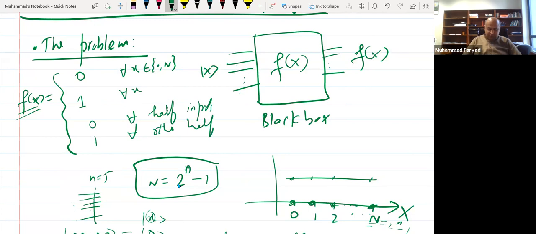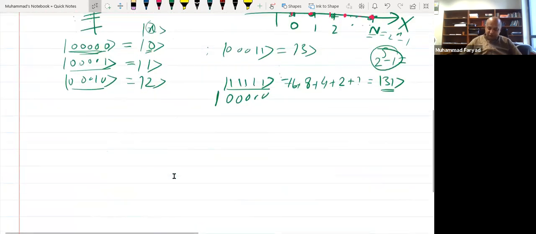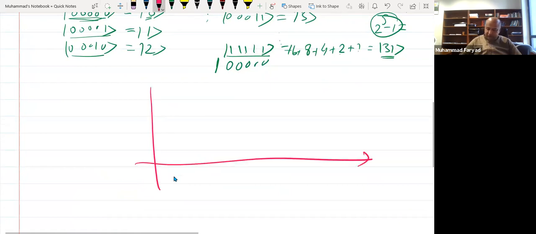Let me explain. So f of x is of three types. Either it is 0 for all x, or it is 1 for all x, or it is 0 for half of the inputs and 1 for the other half of the inputs. So it is of this type. Let's say it is 1 here, 0 here, 1 here, 0 here, and maybe 0 here. Or it can be of this type. Suppose we have 3-bit input.